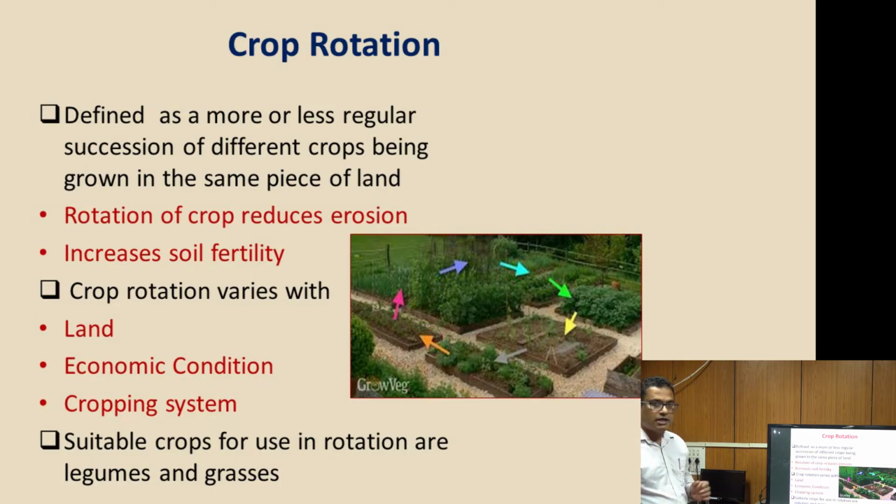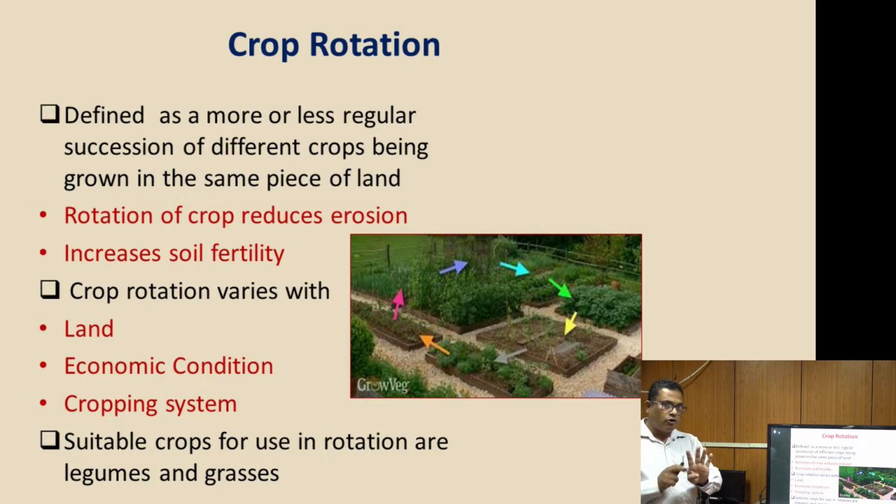If you are growing a particular set of crops in a particular patch in a particular year, then in the next season or next year there should be rotation. The crop grown here in the first year should not be grown here in the second year. If we have 4 sets of crops, there has to be a continuous rotation.